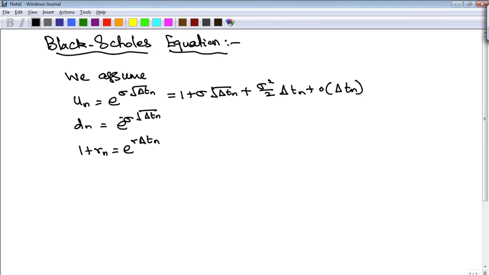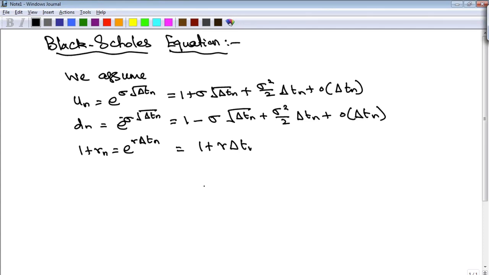That is, the term which I am freezing here goes to 0 faster than delta tn goes to 0. Similarly, this can be written as 1 minus sigma root delta tn plus sigma square by 2 delta tn plus more terms which we will freeze as small o of delta tn. And similarly, this is 1 plus r delta tn plus the remaining terms. You should always write this, otherwise it is mathematically not acceptable.